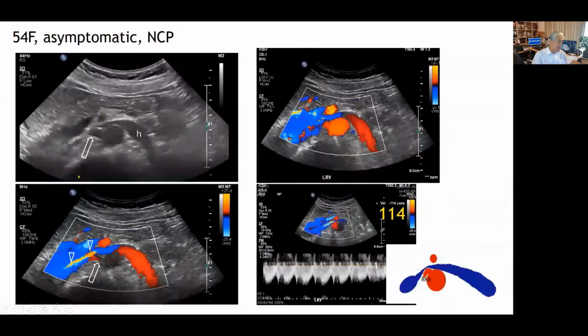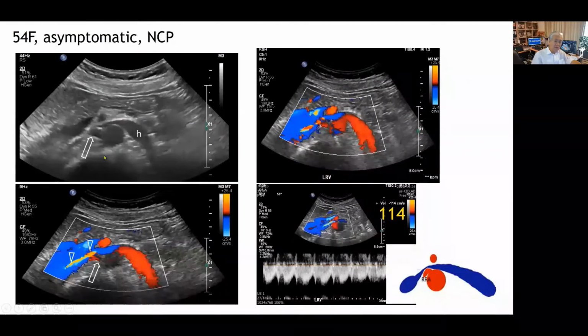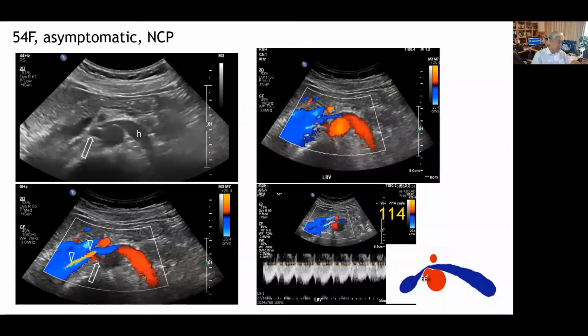One of them is this pattern in an asymptomatic woman with nutcracker phenomenon. If you look at the left renal vein carefully, you may notice that the left renal vein is not compressed between the abdominal aorta and superior mesenteric artery, but is compressed posteriorly by the origin of the right renal artery.